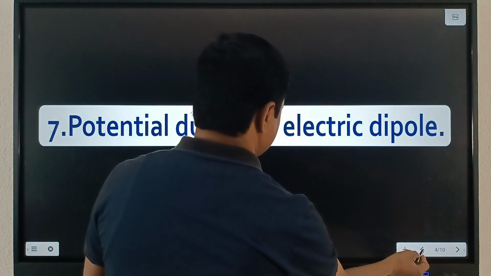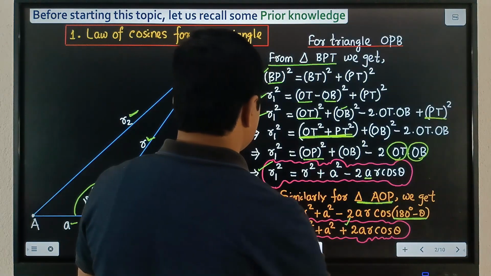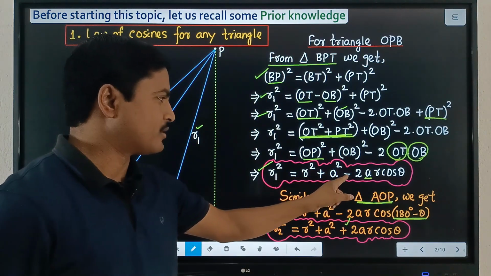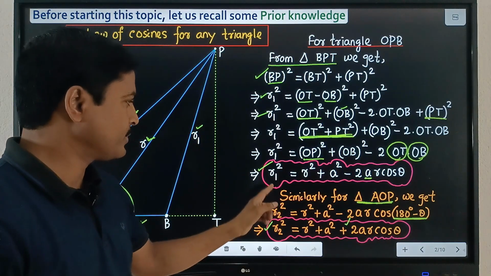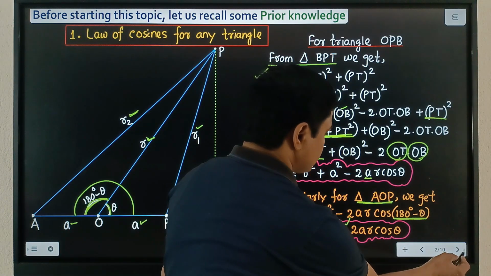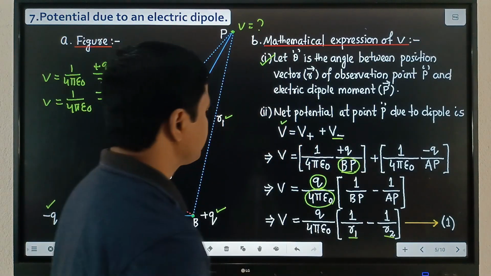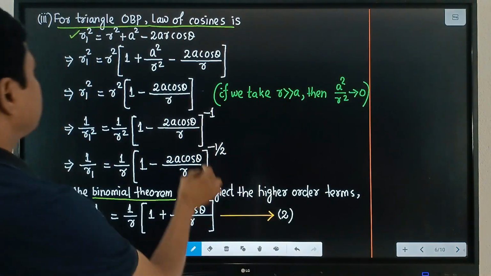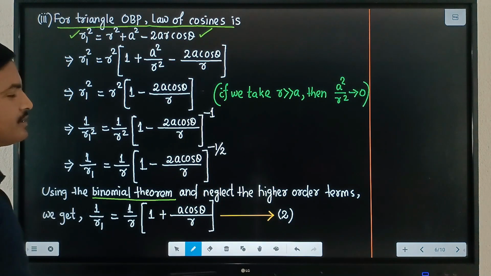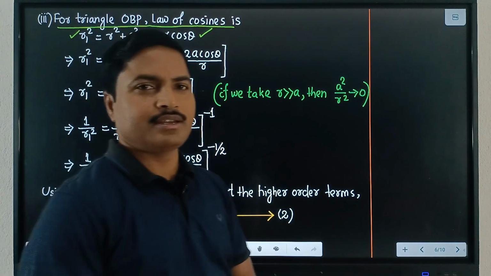Look at the diagram once again. By the law of cosines, r1 square is equal to r square plus a square minus 2ar cos theta. Clear? This is the law of cosines.